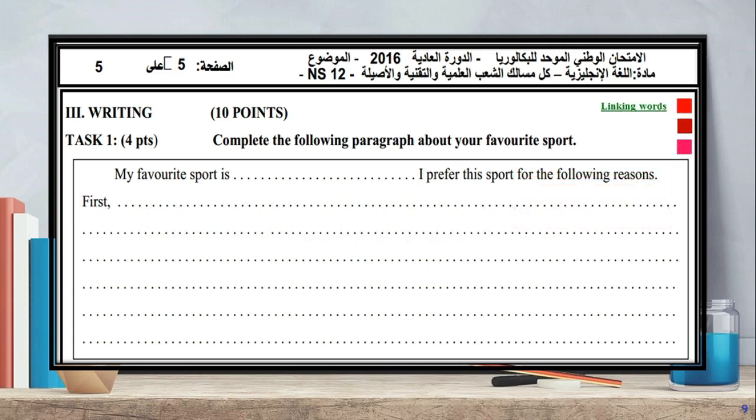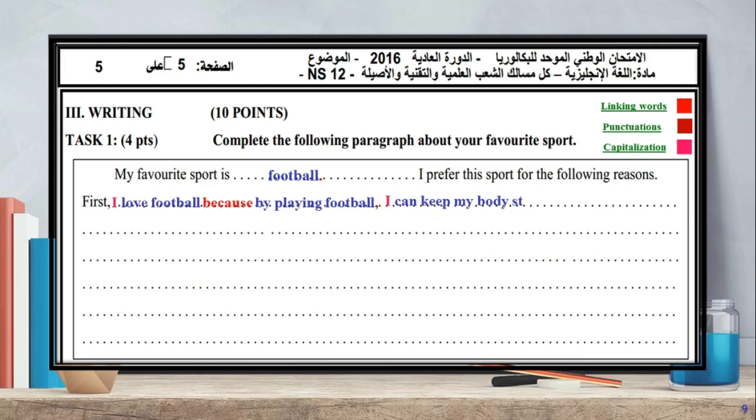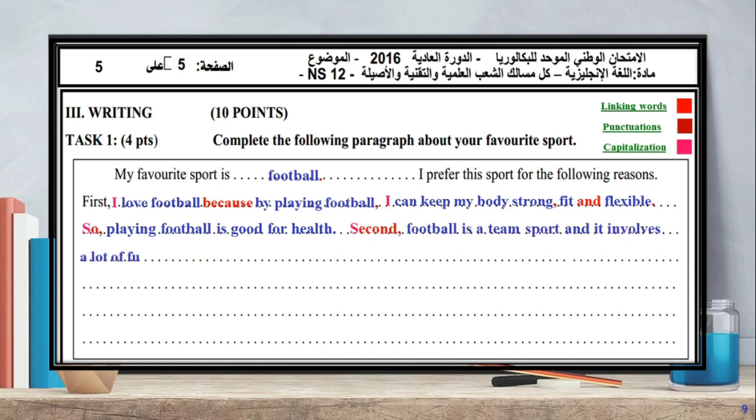And actually, you need to pay a lot of attention to the punctuation and capitalization. So for example, I chose here: my favorite sport is football. I prefer this sport for the following reasons. First, I love football because by playing football, I can keep my body strong, fit, and flexible. So playing football is good for health. Second, football is a team sport and it involves a lot of fun.